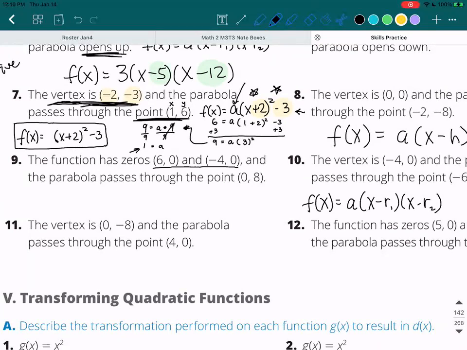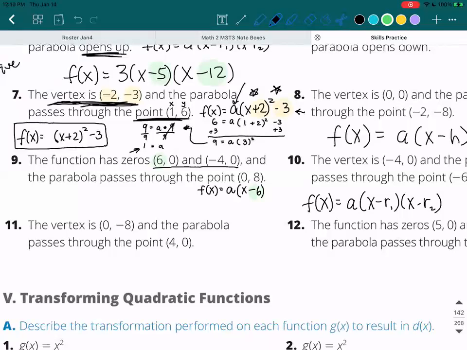Okay, so let's substitute in those zeros. It's what we know so far, so we're going to put those in. F of x is equal to a, we don't know it yet, times x minus our r1, which is 6, so I'm going to write minus 6. Remember, it's the opposite because these are inside the parentheses.